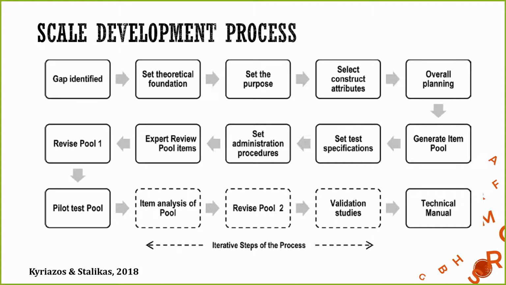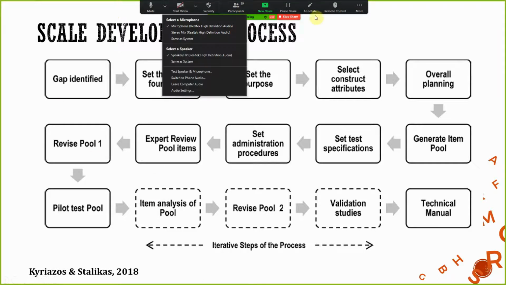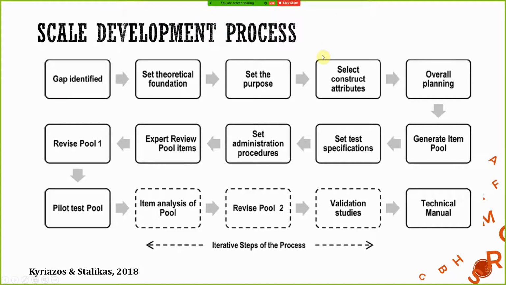Scale development, although it's a complex process, and although you are definitely adding something to the literature, you do not just go on and collect data or develop a scale on anything. You have to identify whether there is a need to develop that particular scale or not. So if there are maybe 50, 60 scales developed on a particular concept, it will be very difficult to identify a gap on that particular construct.